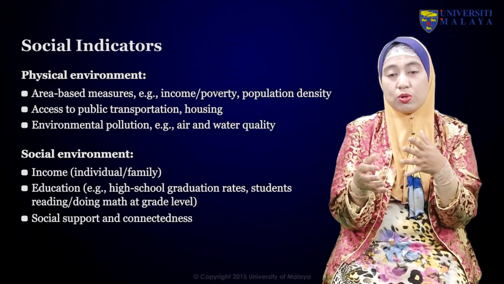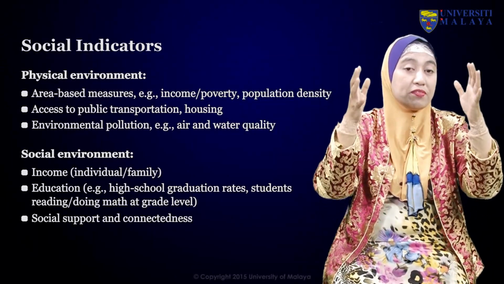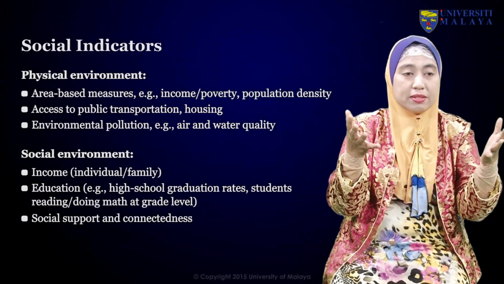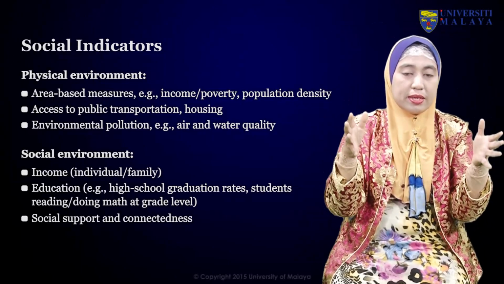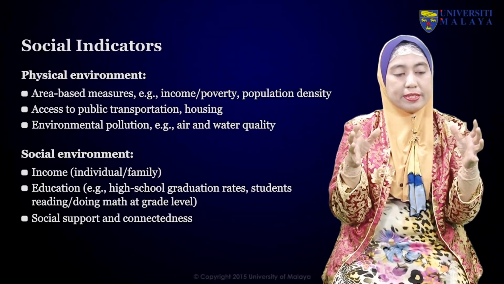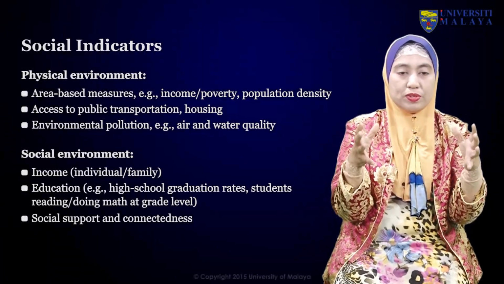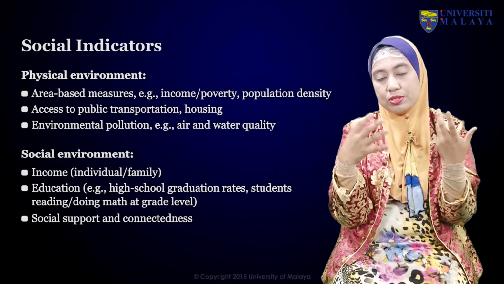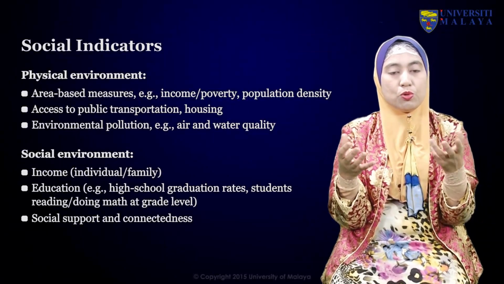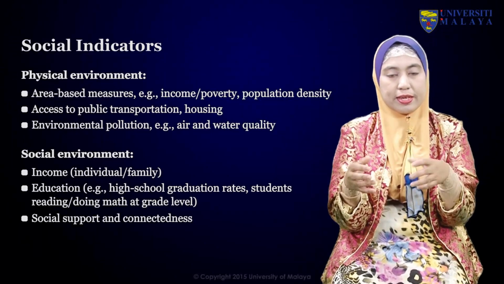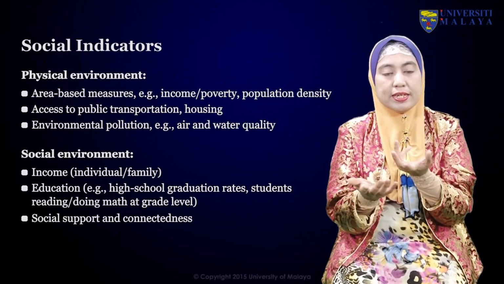So we want to know whether they are under the poverty group, they are under normal, okay, normal group, normal population, or whether the density of that population is high over that area. And we want to see the access to public transportation, about the housing type, and we also look at the physical environment about the environmental pollution, okay, about the air, water quality, okay.